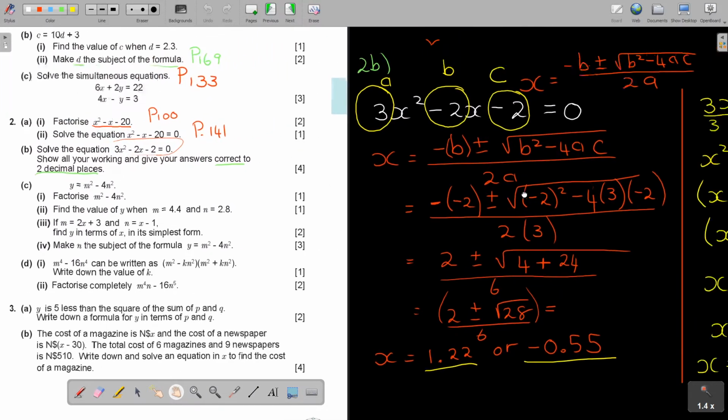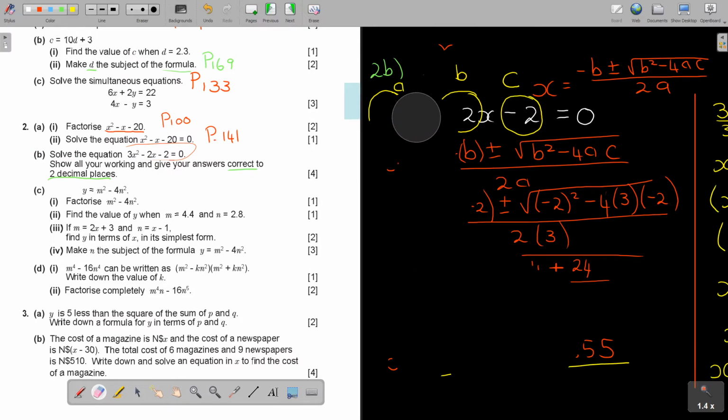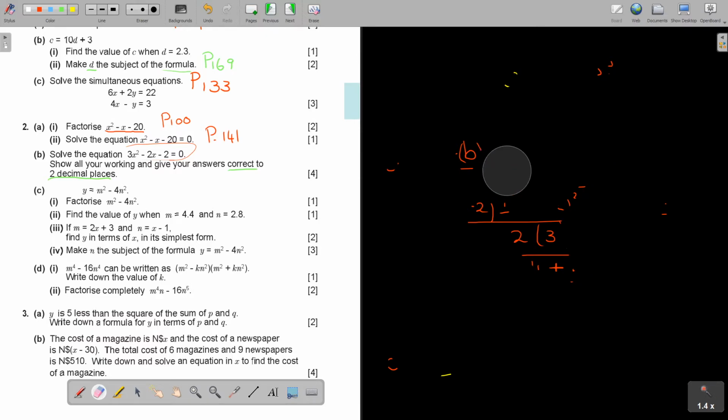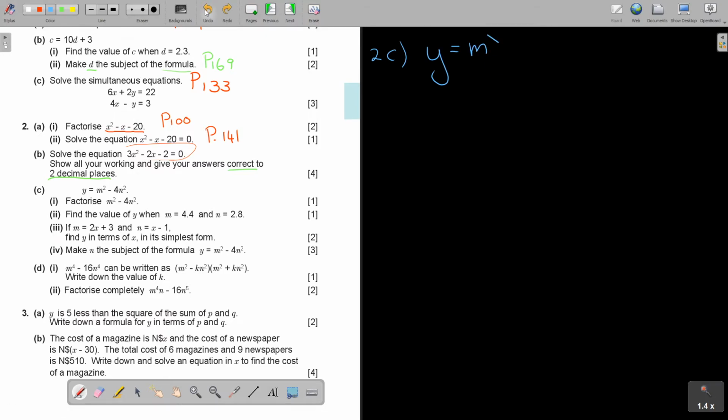Okay, I'm just going to make space again for myself. Okay, now I'm going to do number C. Y is equal to m squared minus, let's start again, m squared minus 4n squared.